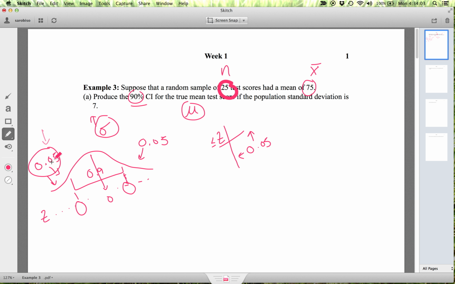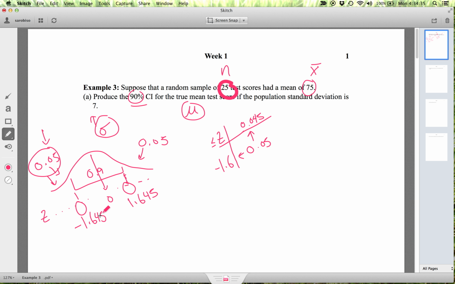That would be 0.05, and this will be, of course, in the row negative 1.6, and in between the points 0.04 and 0.05, so I will use the value 0.045. Okay, so what this is saying is this value here is negative 1.645. Because the Z distribution, the normal distribution, is symmetric, I know that this side is actually the same value, just without the negative sign.